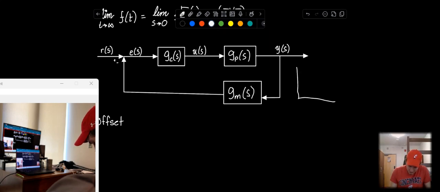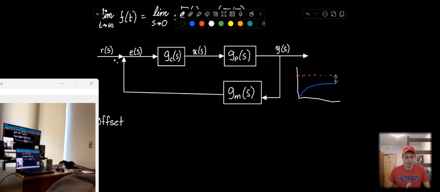Offset is, for our process, here is our desired set point, and here's our process curve. So at long-term time, offset is defined as this distance here between our equilibrium process condition and our set point.